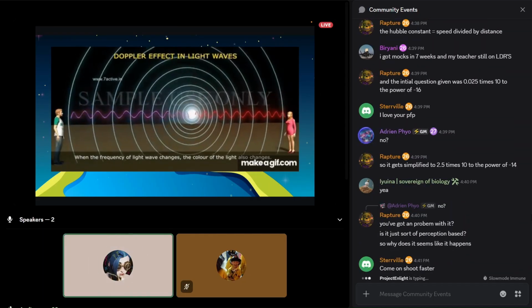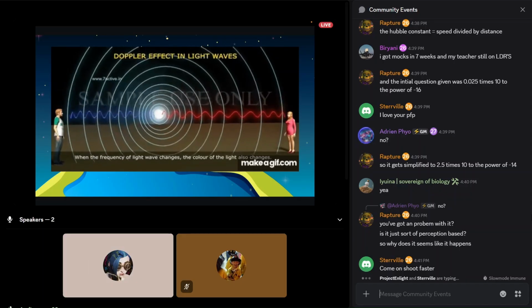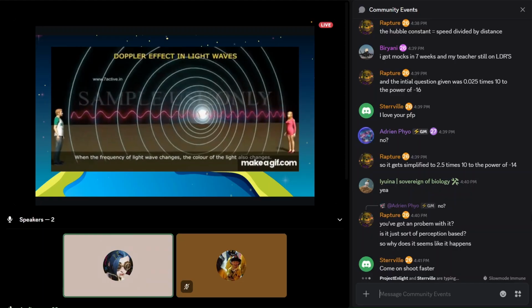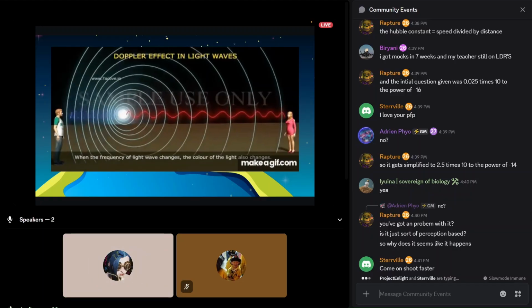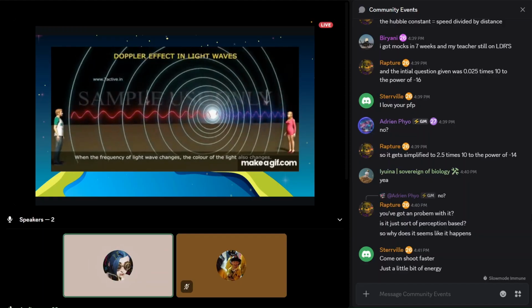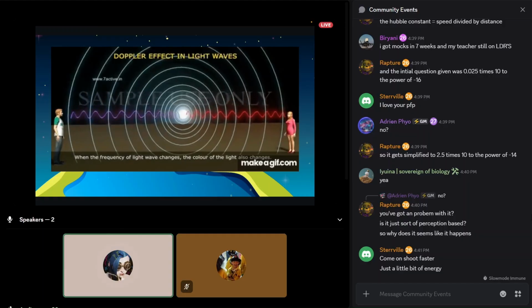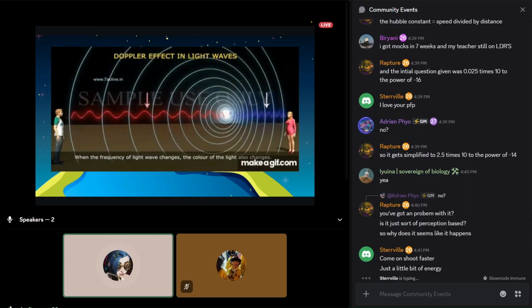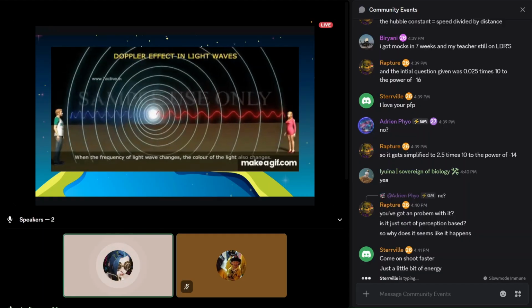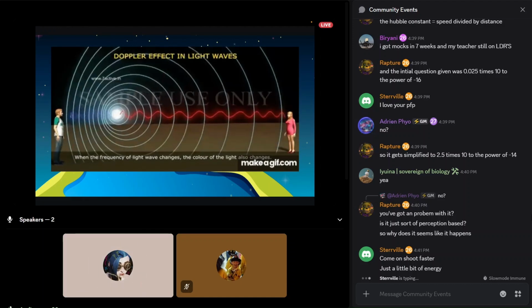It happens because, let's say, the light is moving, okay? You see the light moving to the right, but the light coming out from it is still coming out at the same wavelength. But since it's moving away from you, the distance between each time the light comes out is longer.